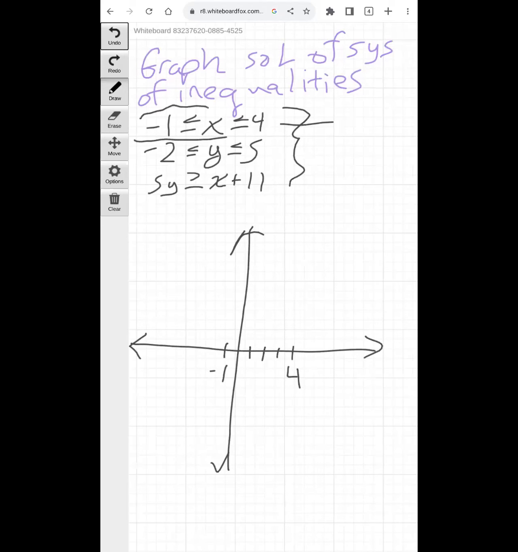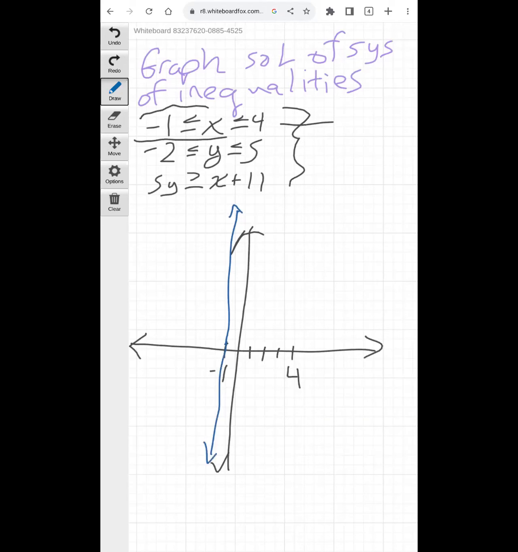This first part is all values of x that are greater than or equal to -1, so you draw a line at all values of y where x equals -1.